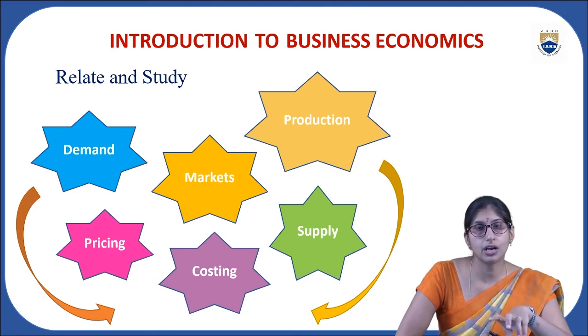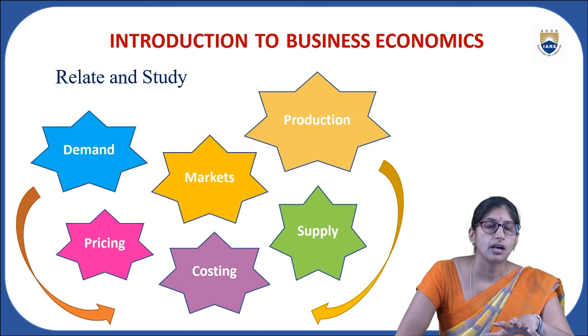So we are going to depend on each and every parameter, correlate and find the relationship between them, and understand the whole of business economics, and finally we will be in a position to understand what this business economics is.